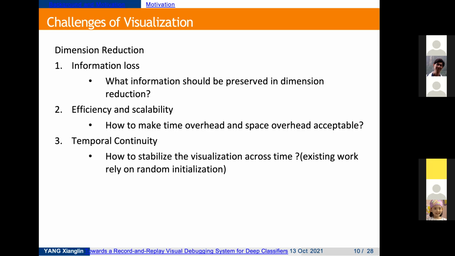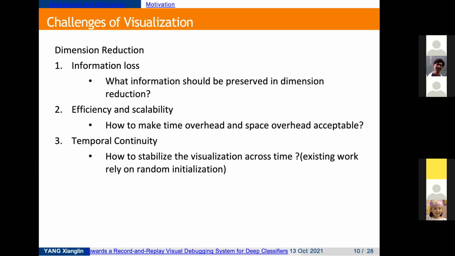For example, DeepView is not efficient and not scalable. So here the question is how to make the time overhead and space overhead acceptable for our own work. The third one is the temporal continuity.